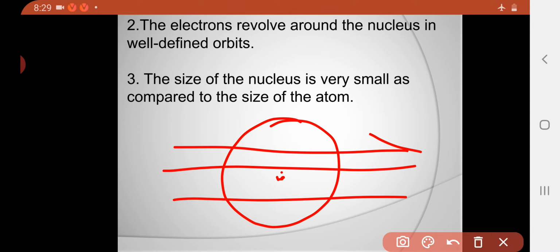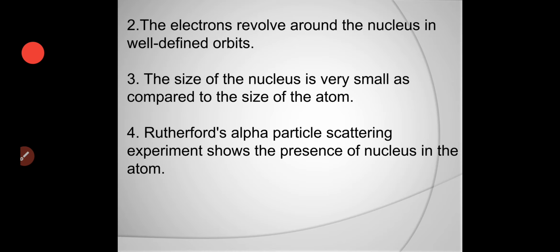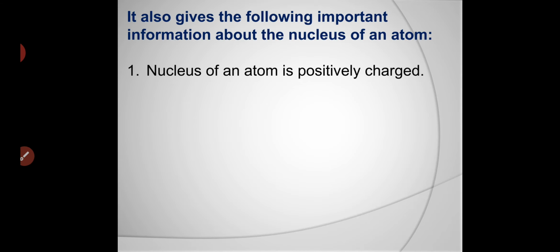And very few alpha rays were getting deviated and rebounding. So he concluded that the size of the nucleus is very small as compared to the size of the atom. Again, he said that the alpha particle scattering experiment gave the idea of the atom with a nucleus and electrons. With that, he gave some other points.